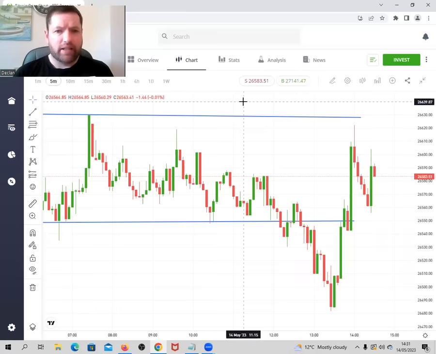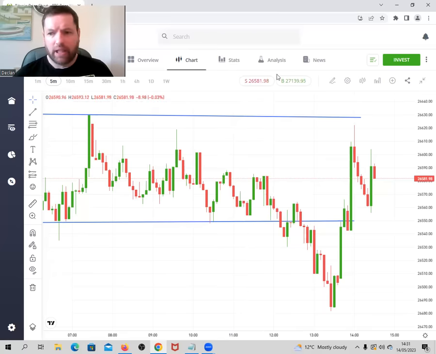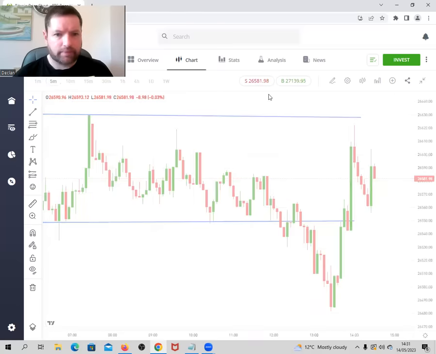It is just mapping out the key levels that people are watching, and they'll either buy in or they'll sell off on Bitcoin or whatever they're trading when it reaches this particular point. Not always a given, but they're the points that people are watching, the major support and resistance levels.